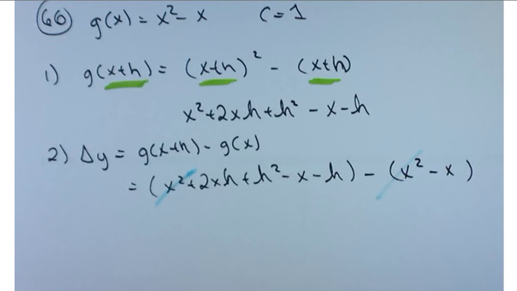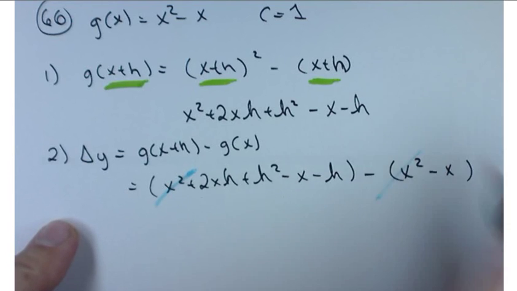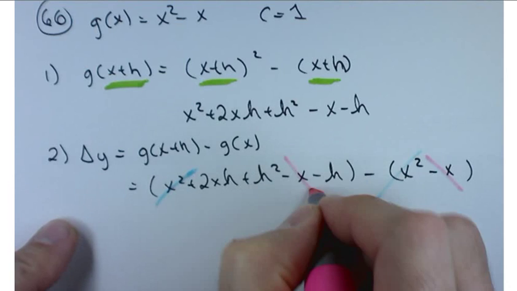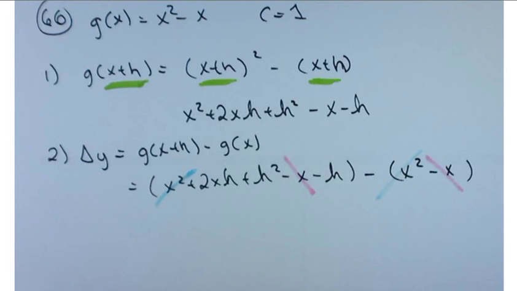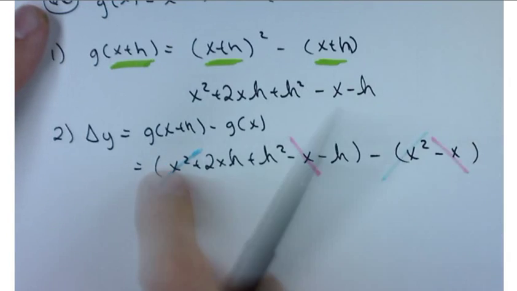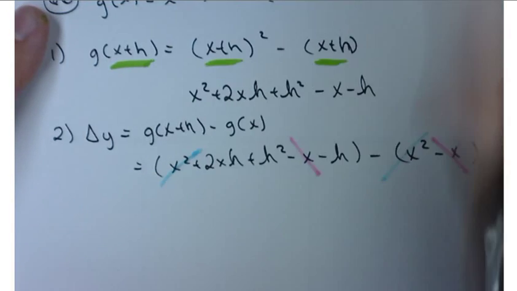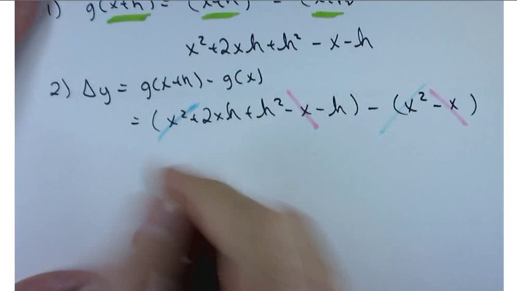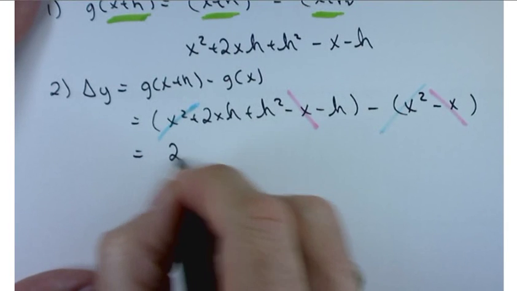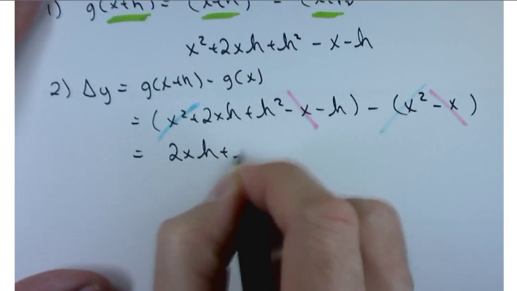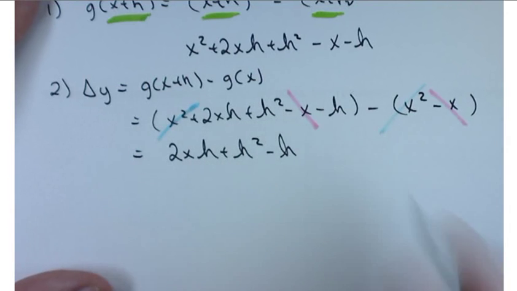Likewise, distributing the negative sign makes that a positive x, which will cancel with negative x. So g of x completely cancels itself out in polynomials like this. That leaves me with 2xh plus h squared minus h.